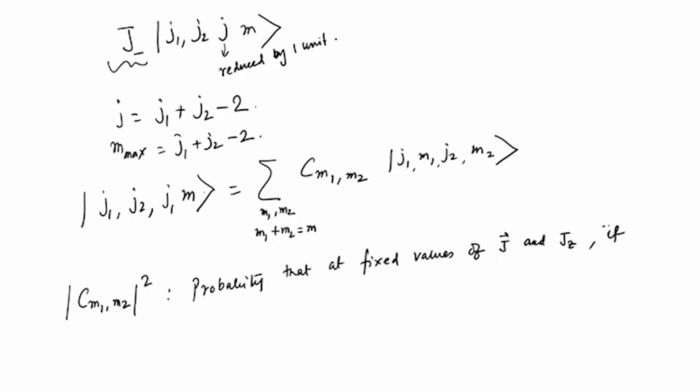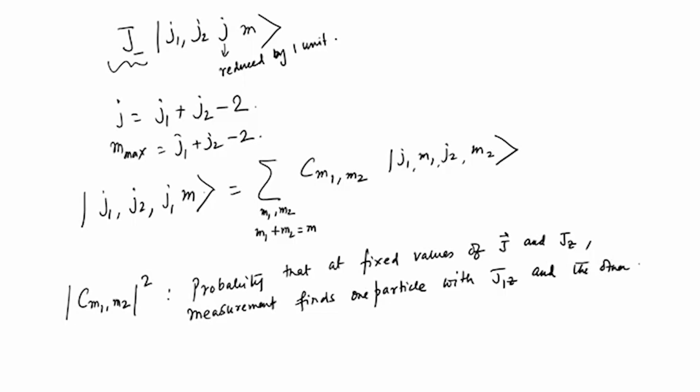if a measurement is done, it finds a particle, maybe an electron, with J1z, this z component of the angular momentum, and the other one with J2z.